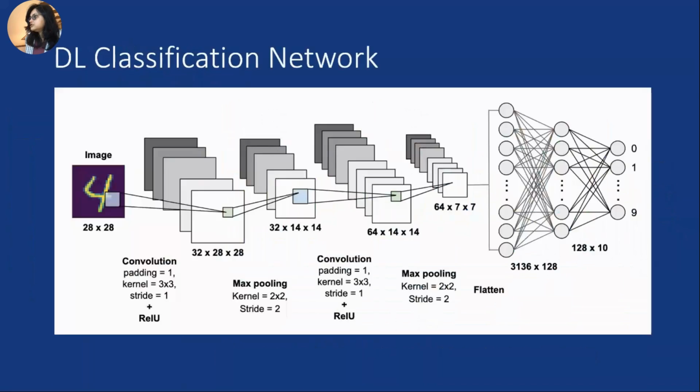So what does a classifier look like? This whole system is a very typical computer vision deep learning architecture. Here you have an image, and the first things that are the backbone of computer vision in some sense are the convolutional neural networks.